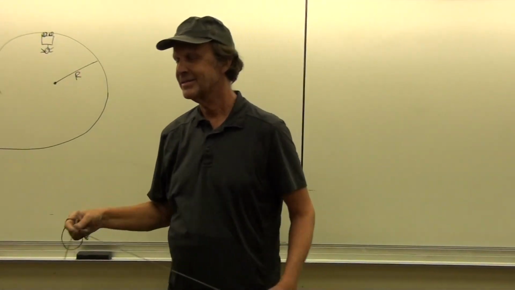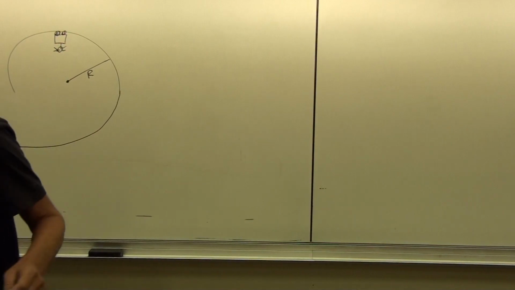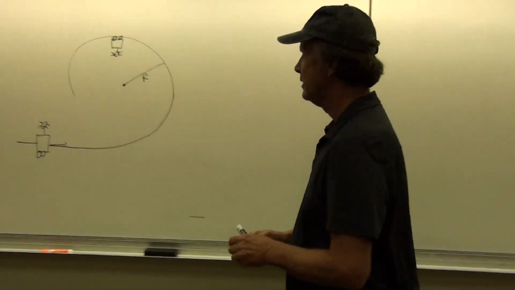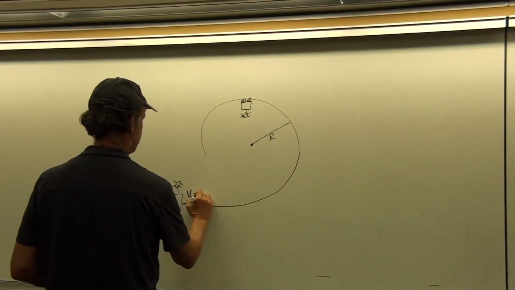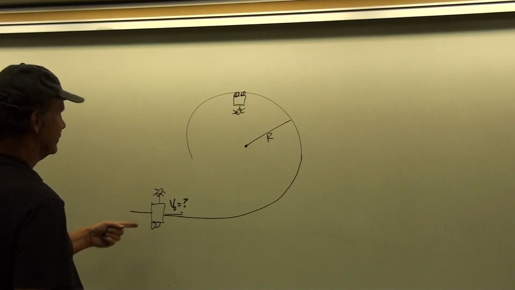Okay. And so let's find what that velocity is at the bottom so that the object just makes it over the top. In this case, we'll make it a car. It'll work equally well for a mass on a string.